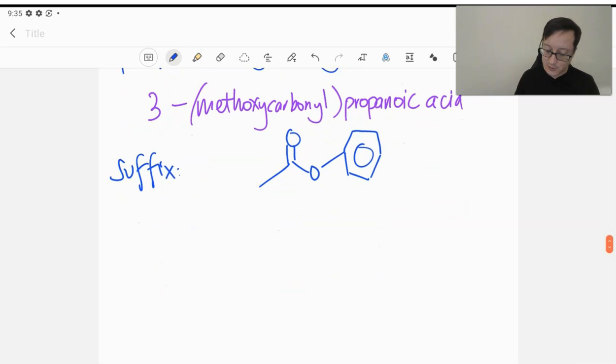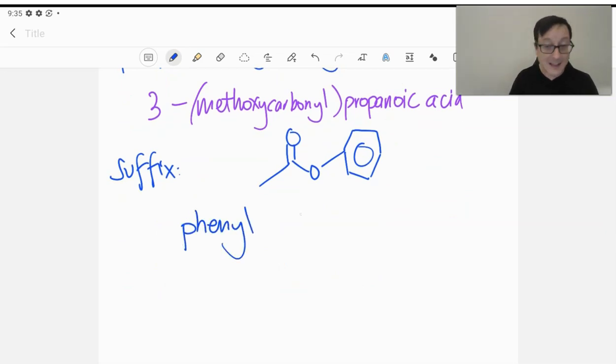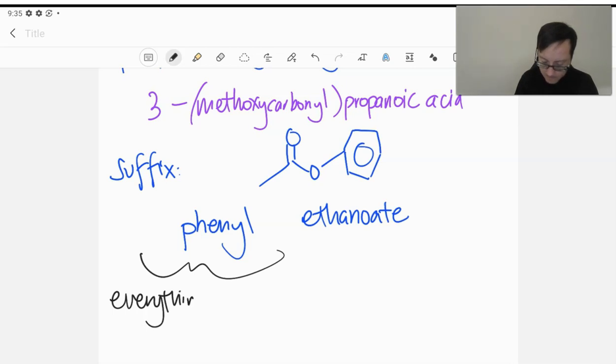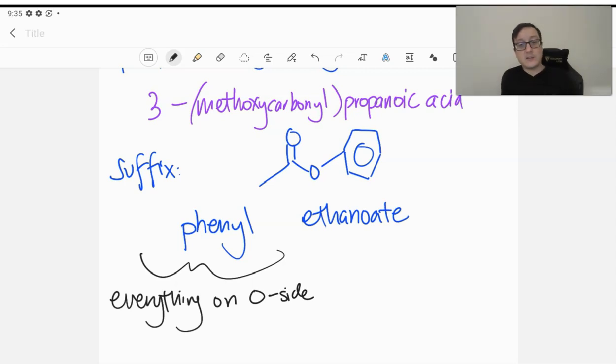So we're going to have 2 names. This one will be phenyl acetate or ethanoate. And we'll take a look at this name here. Here on the left, we have everything on the oxygen side. Everything on the oxygen side of our ester.